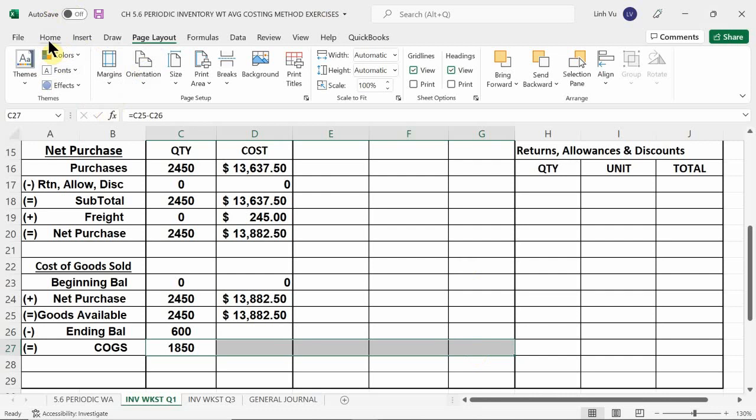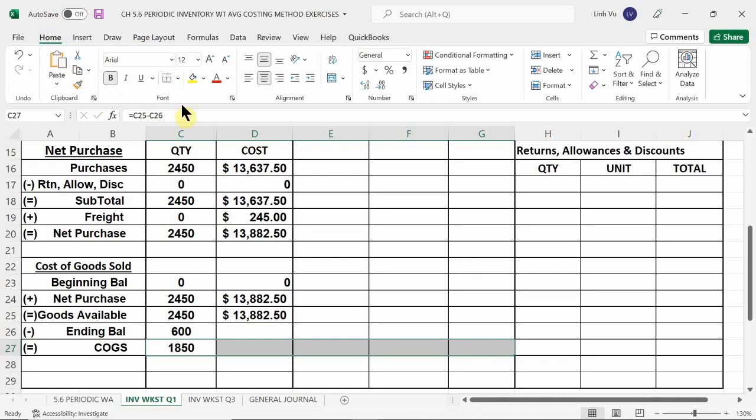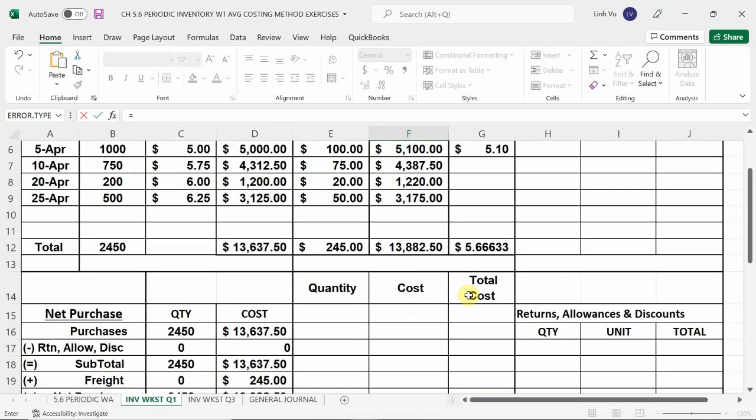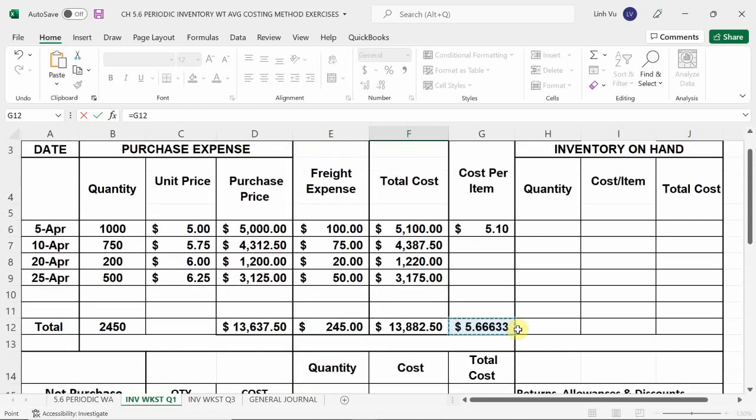So let me highlight this real quick for my average here. So I have 1,850, right? And right now, what is my average cost per item? 5.10 or 5.666? Yes, it's 5.666 because 5.10 is just the first batch.